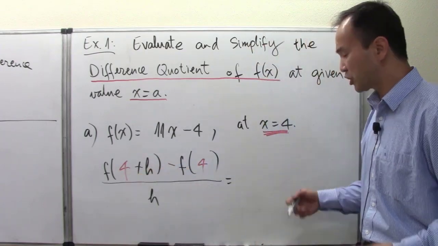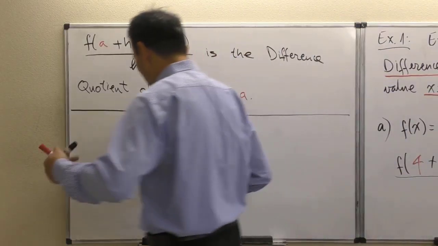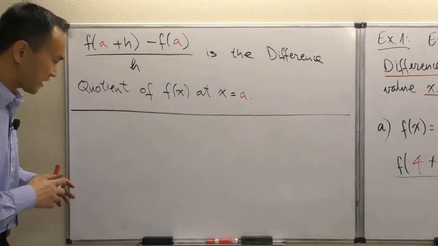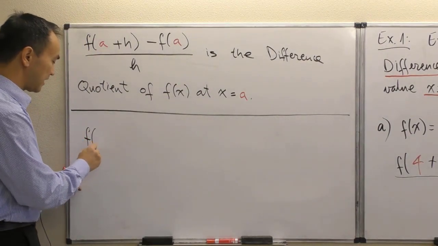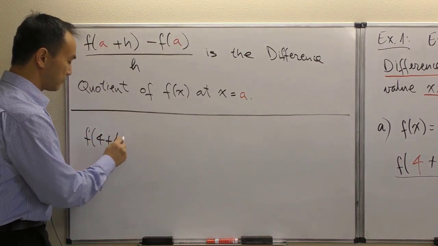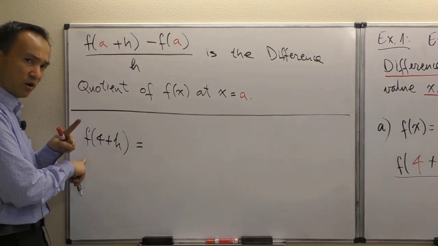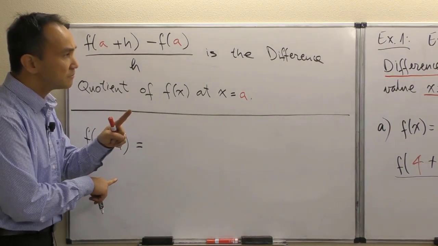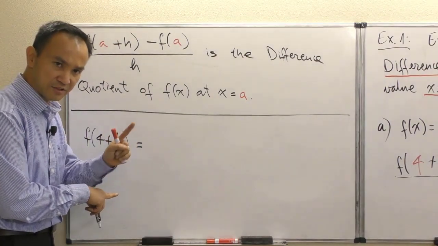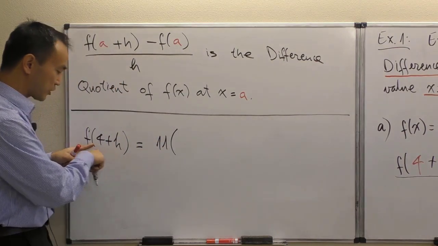On scratch work, even though we're in a formal example now, I still want to maintain that scratch work habit. In this case, f of 4 plus h really equals, the rule of f says 11 times the input minus 4. The input is currently 4 plus h.